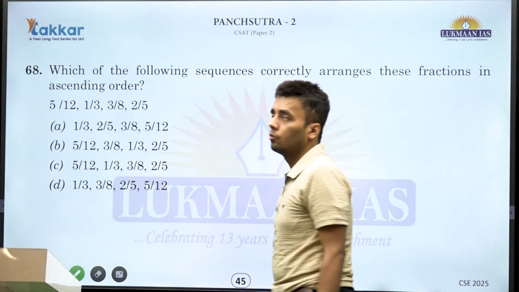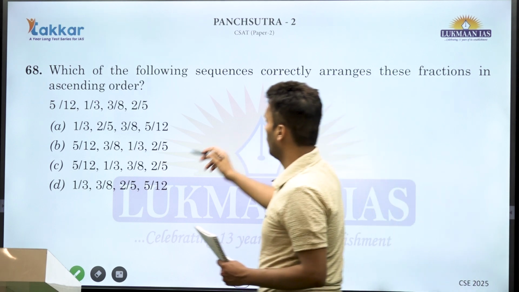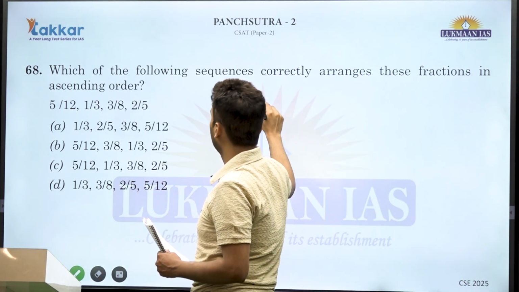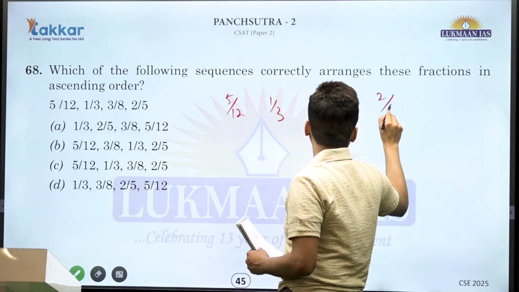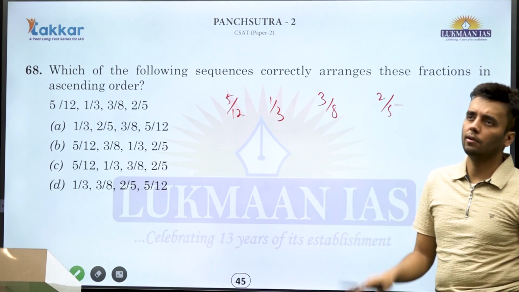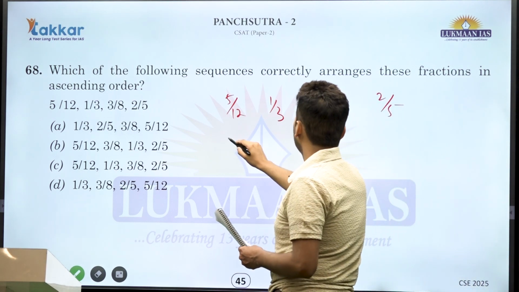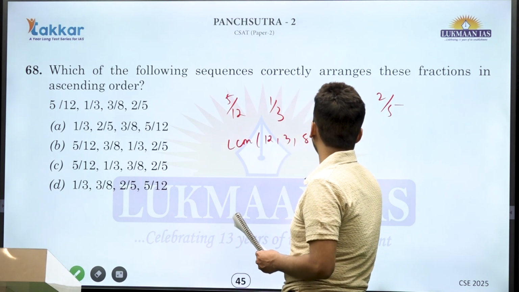We just need to make the bases common and we'll get the answer. Here we are given 5 by 12, 1 by 3, 3 by 8 and 2 by 5. Either you convert these into percentages, or another method is to get the LCM of 12, 3, 8 and 5.